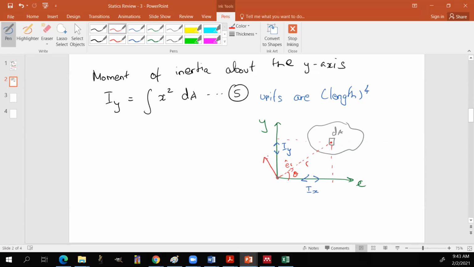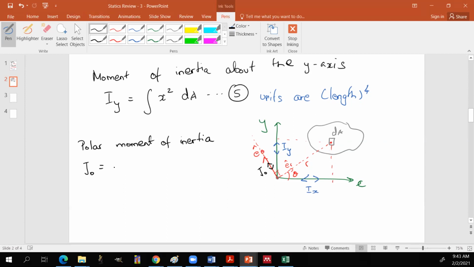And then you have the perpendicular direction, which is called e_theta, and that is 90 degrees. And it's about this axis here that you have what's called the polar moment of inertia. So let's draw it out in black like that. And we refer to it as J naught. So you have the polar moment of inertia.